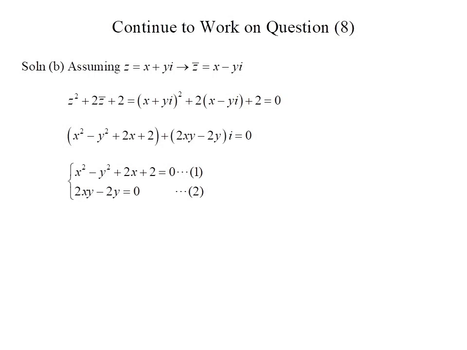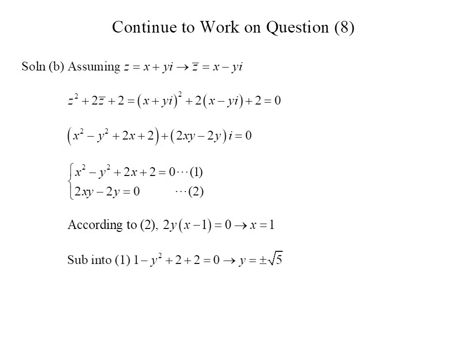So we have two simultaneous equations, x squared minus y squared plus 2x plus 2 equals 0, and 2xy minus 2y equals 0. The second equation is factorized to 2y times (x minus 1) equals 0, which gives x equals 1.